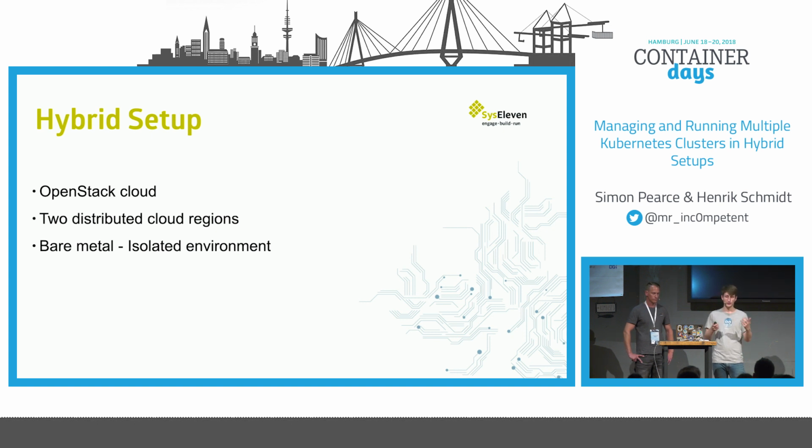Because in Germany, there are some regulations, so some data might not be stored on some public cloud provider like AWS or Azure, and this data needs to be stored in a secure place and must not be shared with others. So we needed an implementation which supports either creating OpenStack clusters or even creating bare metal clusters.